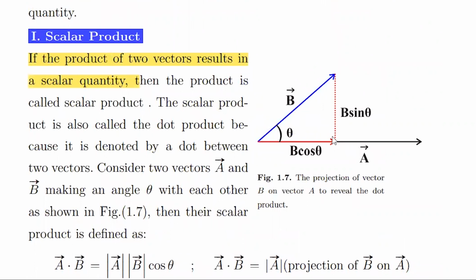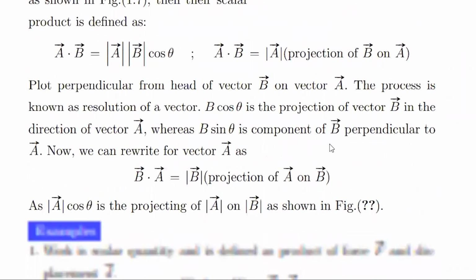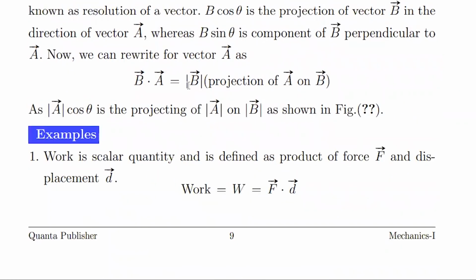Now we will draw the projection of A on B from here to there. Then we will read it as the magnitude of vector B and the projection of A on B. That is also equal to BA cos theta. It means that scalar product has the same result, whether A dot B or B dot A. Either from A dot B or B dot A, we will get the same resultant AB cos theta.